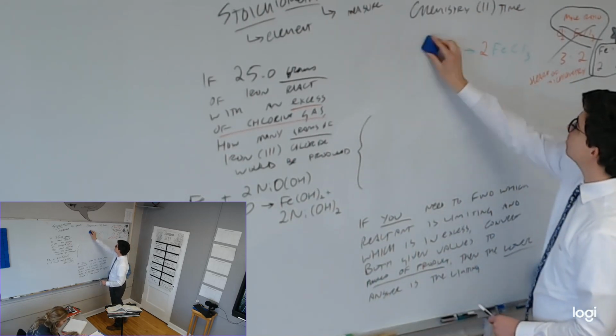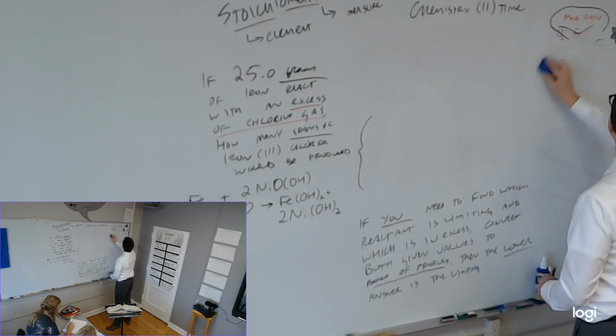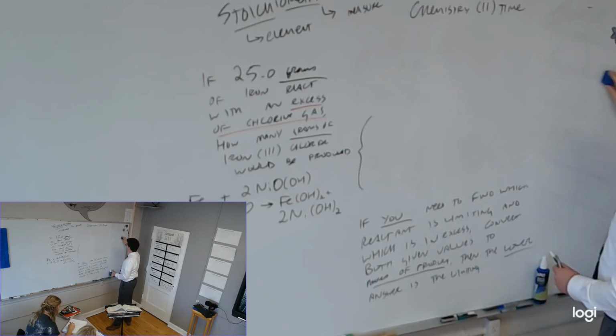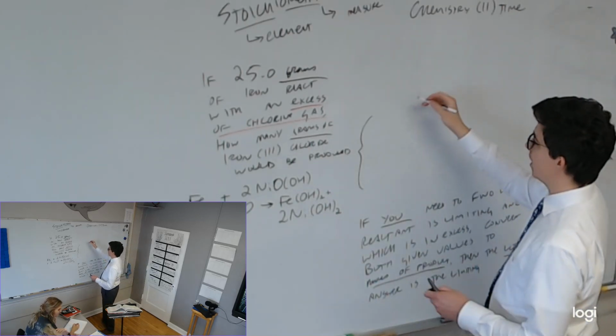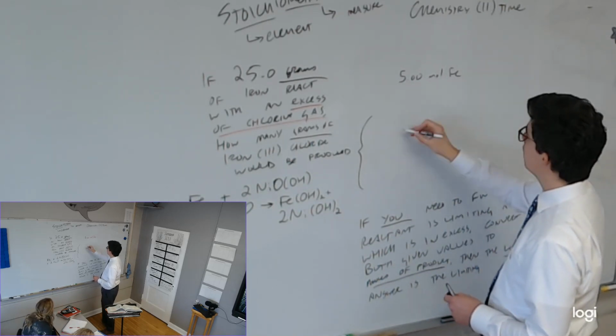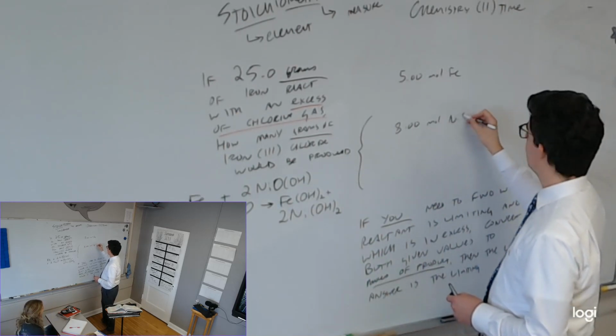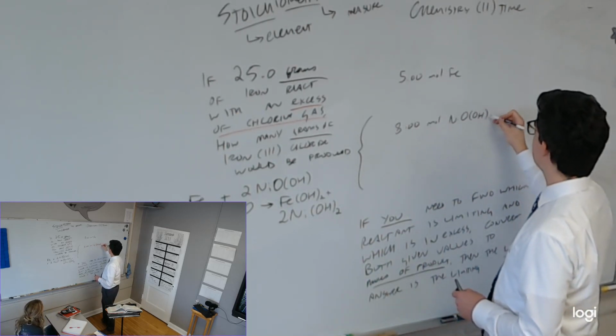So 5 moles of Fe. We're going to do two conversions hand in hand. So 5.00 moles of iron and 8.00 moles of nickel oxide hydroxide.